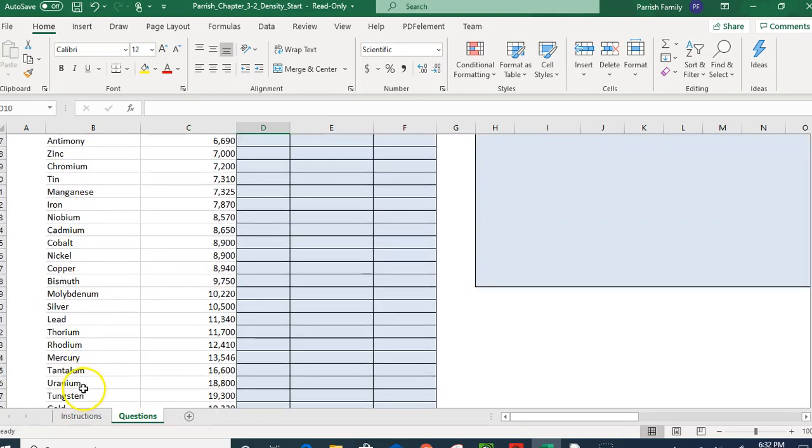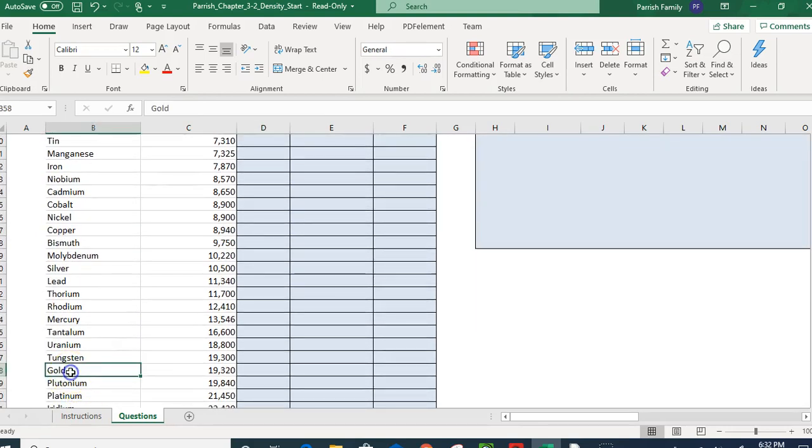Gold is at B58. So the density of gold is 19,320 kilograms per meter cubed. And we want to convert that density so that 100 will show up there.